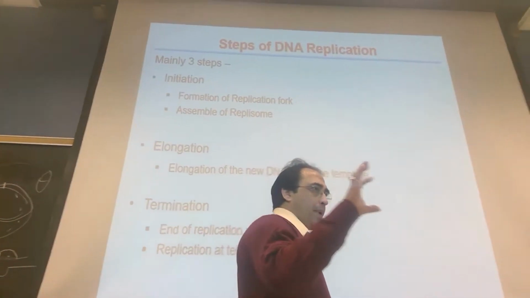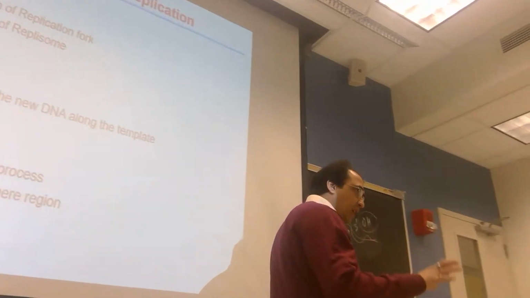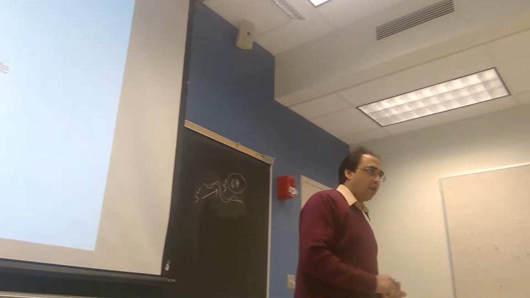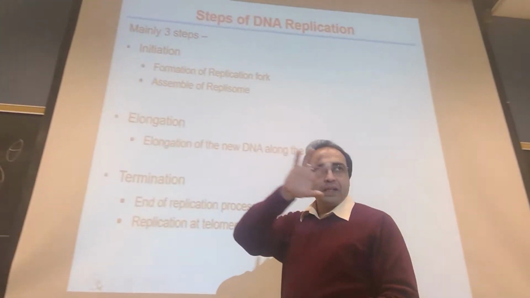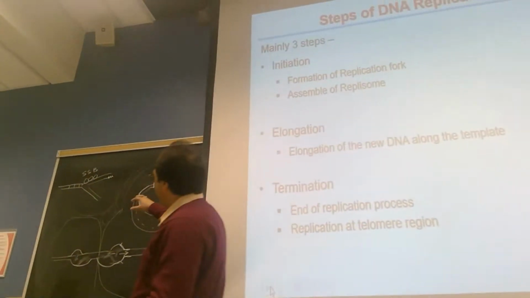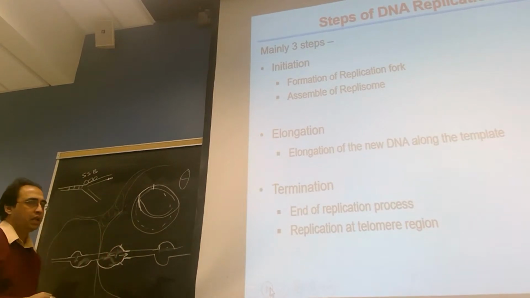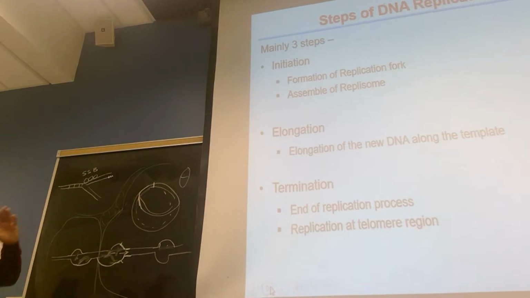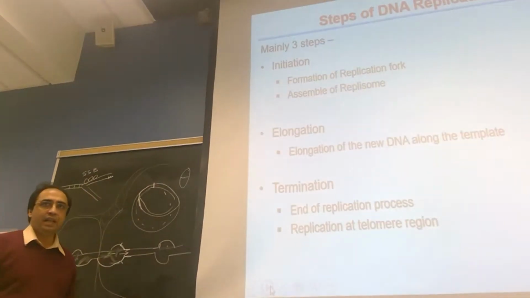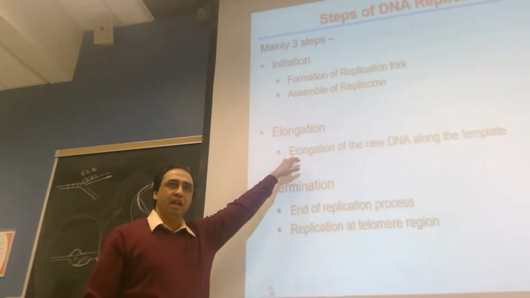What is replisome? Replisome is the total machinery for the DNA replication. Elongation means as it is initiated, the DNA replication fork is formed, then they will add the DNA nucleotides here and they will elongate until finally reaching the destination. That is the elongation part.